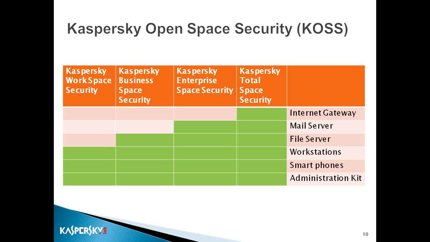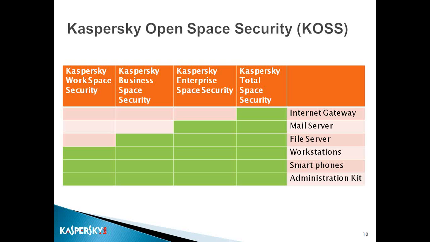So if you have, for example, 10 workstations and they're all running Windows, and you want spam, spyware, antivirus, and multi-layered protection across those workstations, you would purchase Kaspersky Workspace Security. There are other levels available. If you have a Windows file server or a Microsoft Exchange mail server, then you would buy an additional suite, which gives you coverage for those servers also.